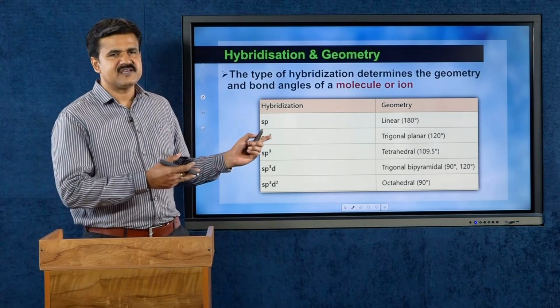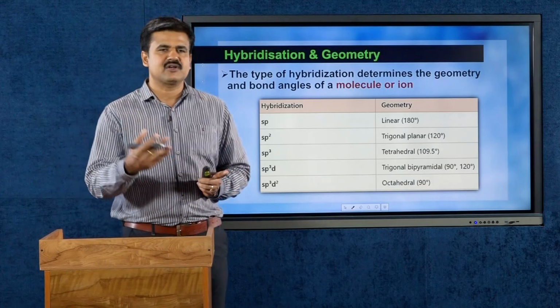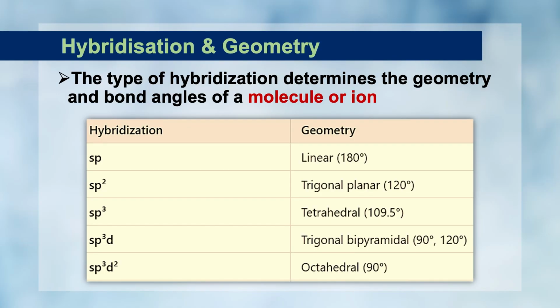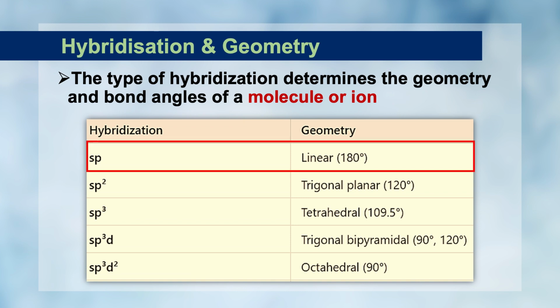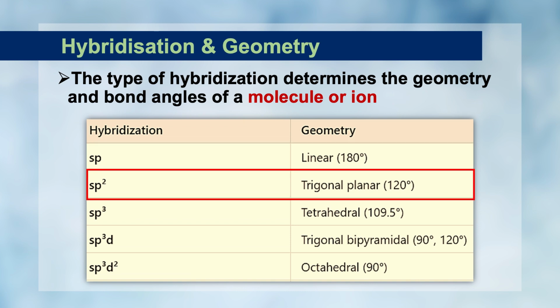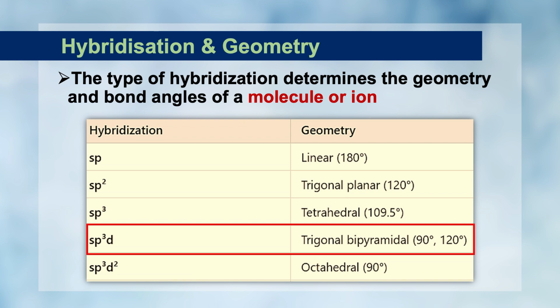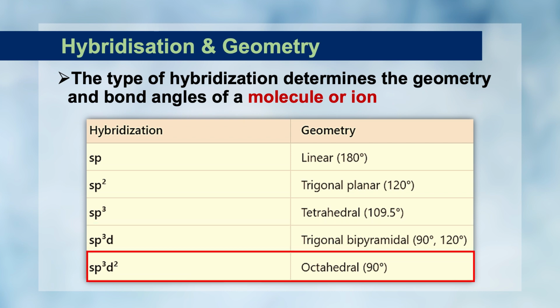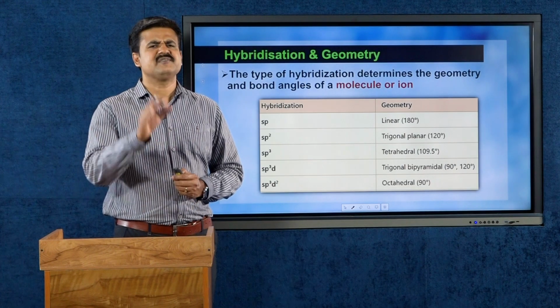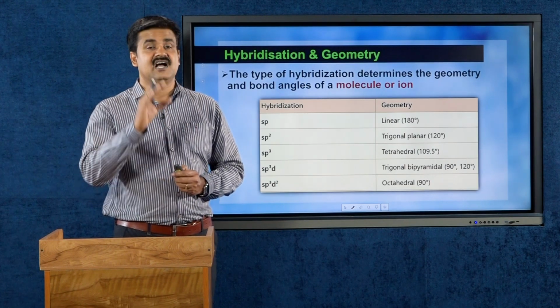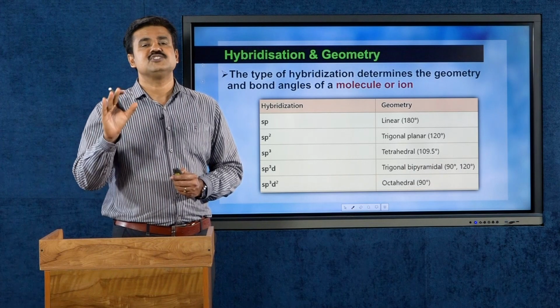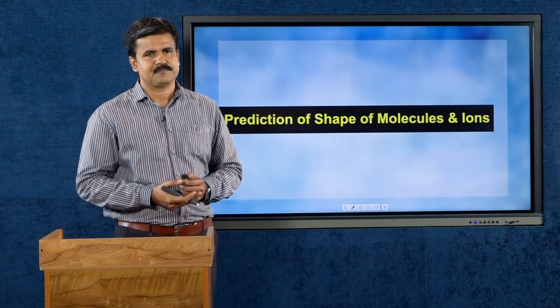And sp hybridization leads to linear geometry, sp2 hybridization leads to trigonal planar geometry, sp3 leads to tetrahedral geometry, sp3d hybridization leads to trigonal bipyramidal geometry, and finally sp3d2 hybridization leads to octahedral geometry. Thus we can ultimately state the fact that hybridization determines geometry of a molecule.